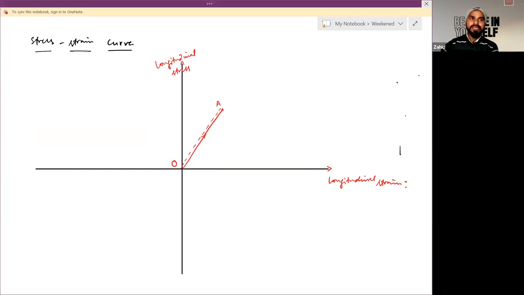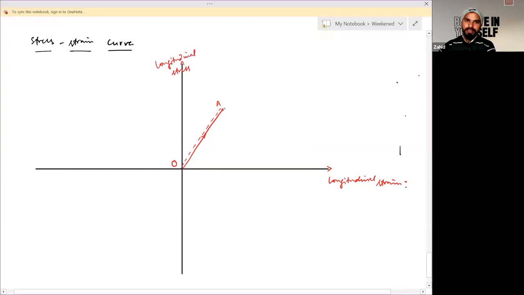Now, if you extend it a little further, it will move in this direction to reach some point B. If you remove the deforming force from this point, it will not go back to its original position, but will have a small deformation from its original length.